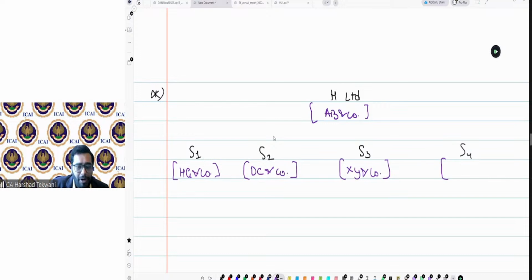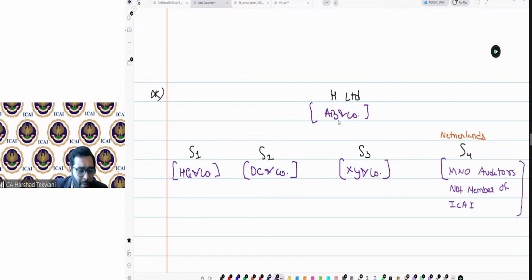And S4, let's say this is a Netherlands one. Okay, so I'll write it here, Netherlands. So the auditors of the Netherlands entity were MNO auditors, not members of ICAI.